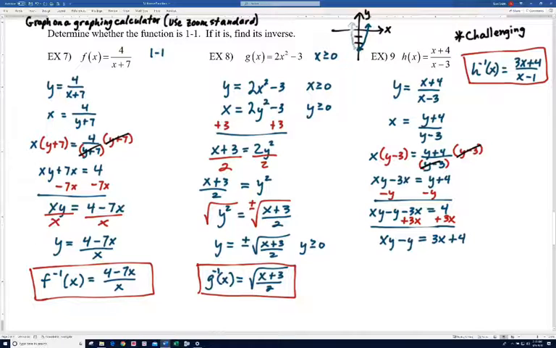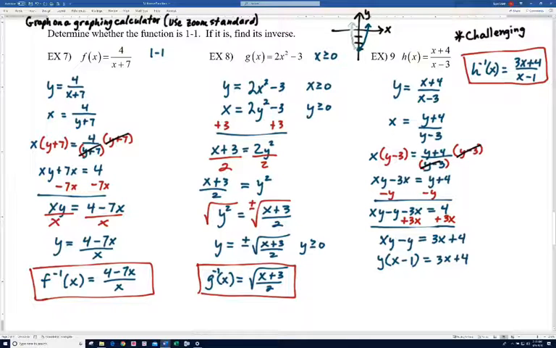Now, sometimes students get stuck here. How do I get the y by itself? These are not like terms. I can't combine them together. Factoring is what we need to do here. You can factor out a GCF of y. Y times x is xy, and y times negative 1 gives you the minus y.